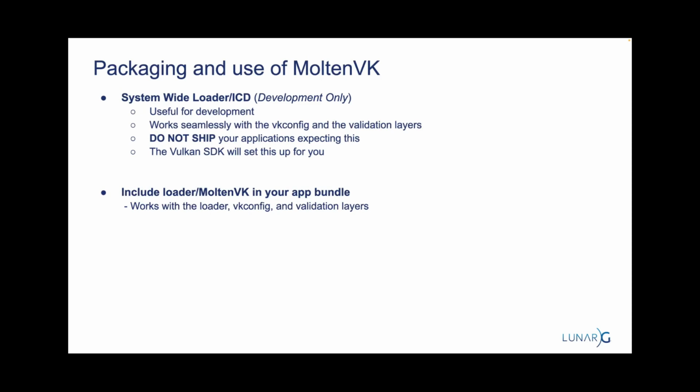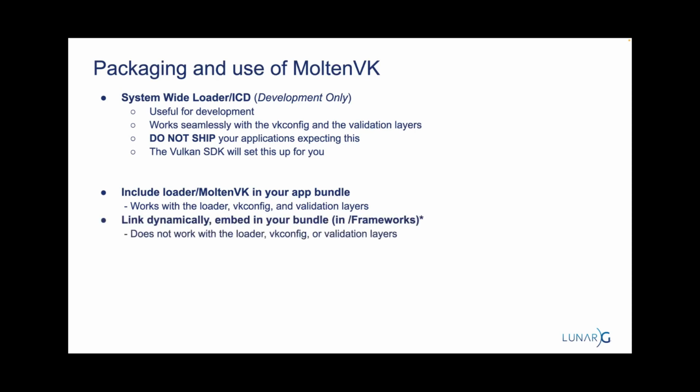The more Apple-y way of doing things is to include the loader and MoltenVK, and even if you need to, validation layers. Layers aren't always validation layers. We also have layers that do emulation, like shader objects or synchronization too. You can include those in your app bundle, and you just ship MoltenVK in your app bundle. You can also link dynamically to MoltenVK.